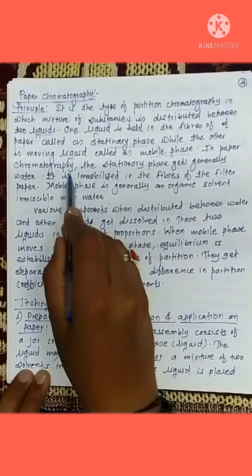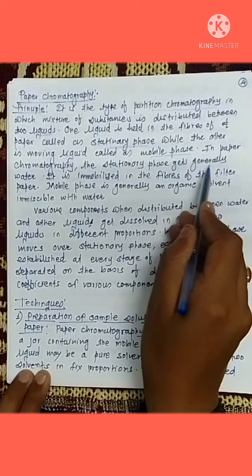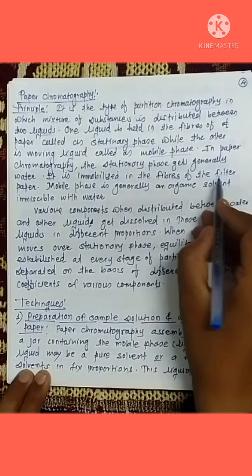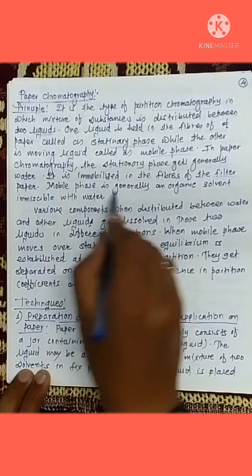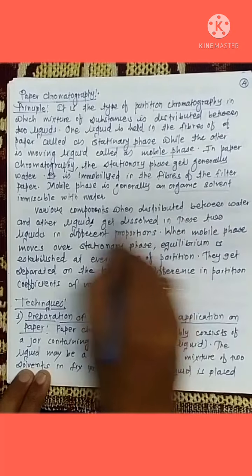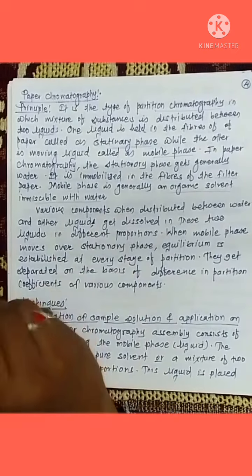In paper chromatography, the stationary phase is generally water. It is immobilized in the fibers of filter paper. The mobile phase is generally an organic solvent immiscible with water.